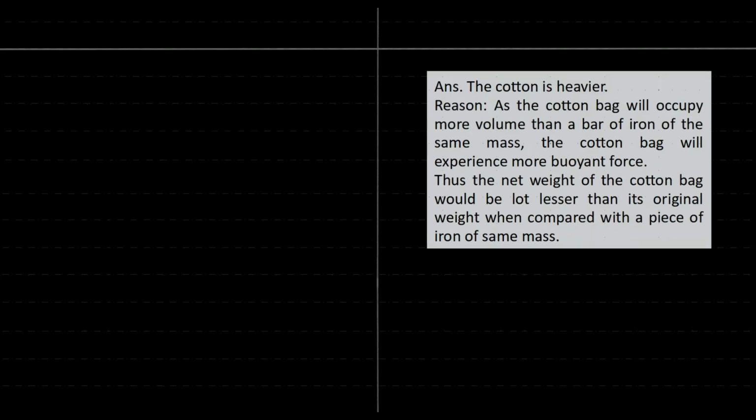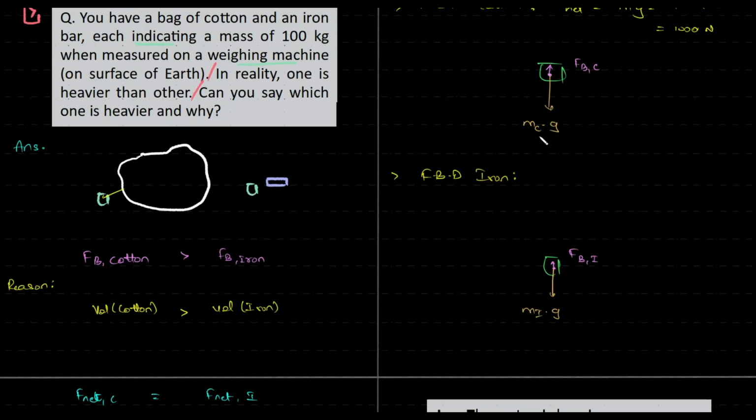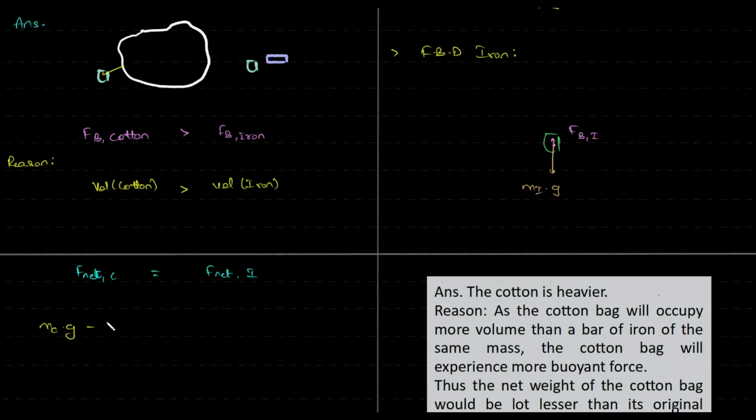Because the net force is same, we can do one thing. We can compare them. Because the net force of the cotton is equal to the net force of the iron, we can compare mCg, that is the gravitational pulling force, minus FBC will be equal to mIg, sorry, mI into g minus buoyant force of iron.